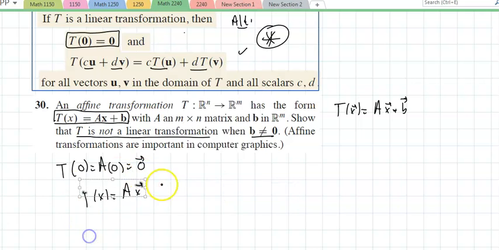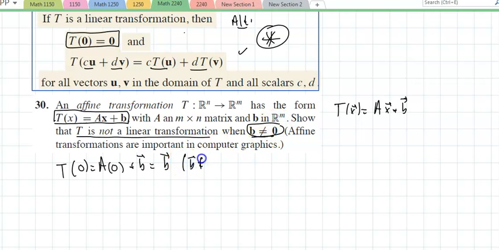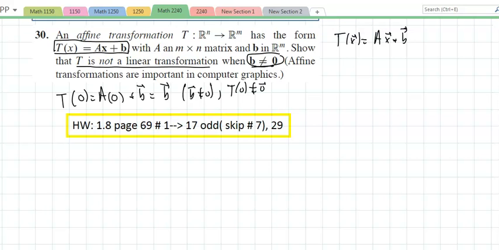We have a small minor exception here. That's b. What if b doesn't equal 0? Then T of 0 doesn't equal 0, which negates the first condition. And there's the homework for this section.